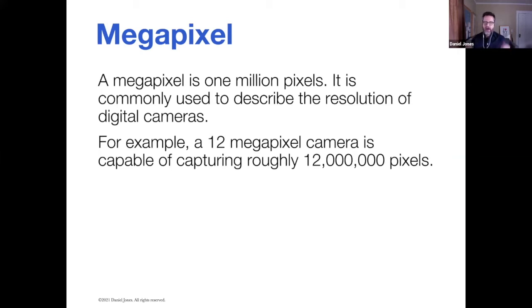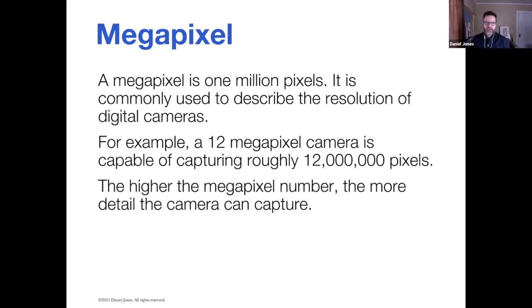So the higher number of pixels, the higher number of megapixels you've got, the higher quality of the photograph that you've got. And where that comes into play is really when you go to make prints. I'll talk about that. I've got a couple of videos that talk about that. The higher the megapixel number, the more detail the camera can capture.